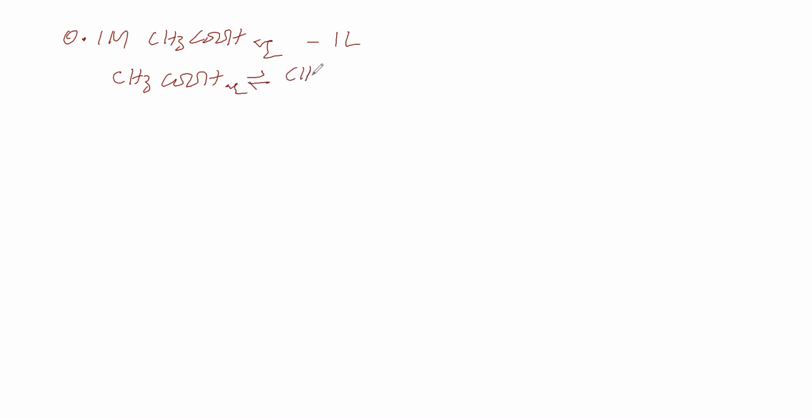Okay, now we will see this mathematically. Suppose we are taking a 0.1 molar acetic acid solution, 1 liter. Acetic acid undergoes ionization to give acetate ion and H plus ions.